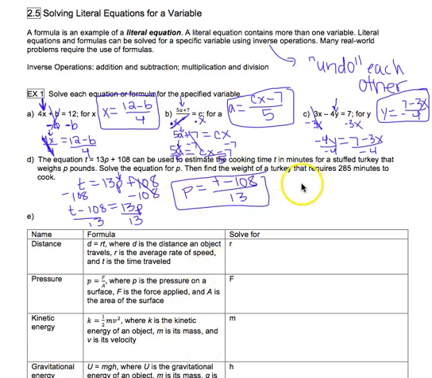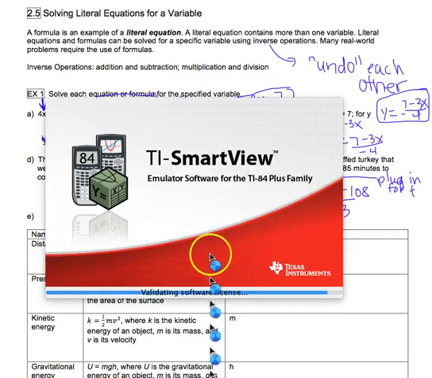Next thing it asked me to do is to find the weight of a turkey that requires 285 minutes to cook. So T is the time in minutes. So that means I'm plugging in 285 for T. So I'm going to do p equals 285 minus 108 divided by 13. It's taking a minute to think. Sorry about that.